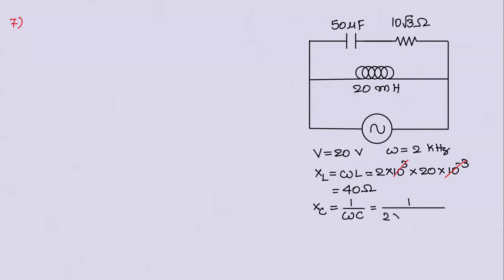Omega is equal to 2 into 10 power 3 into C. C is 50 microfarad, 50 into 10 power minus 6. 10 power 3, 10 power minus 6 will be cancelled, and then numerator 10 power plus 3 will come. 2 into 50, 100. 1000 by 100 is 10 ohm, right? 10 ohm.